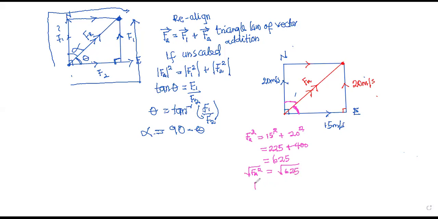What is the square root of 625? 25. This is 25 meter per second. So this becomes the resultant force, which is the single vector whose effect is equal to the combined effect of this 15 and 20 meter per second vector. Please, are we okay? Then direction. The direction of the resultant. Yes, Godfred.